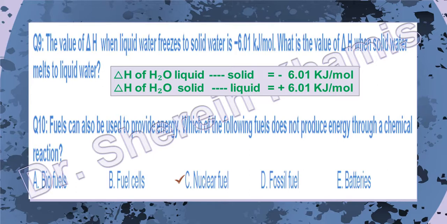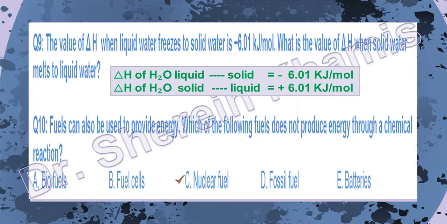Why? It depends on a high number of neutrons and a big number of protons. Neutrons and protons make a large, huge nucleus for the element, so the element will be a radioactive element, and we can use it as a nuclear fuel.